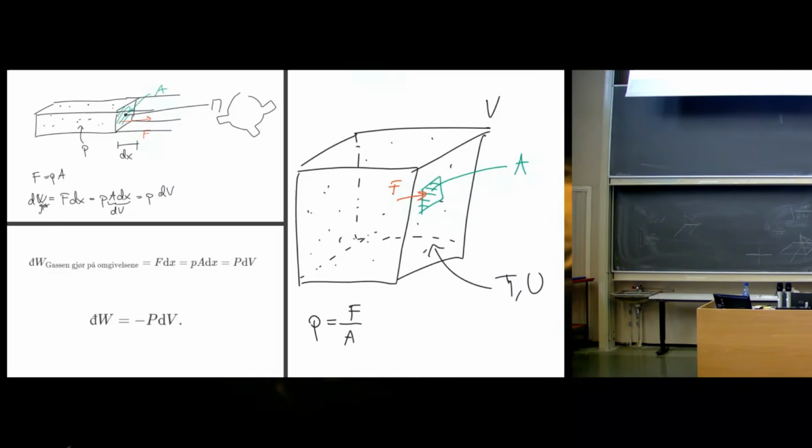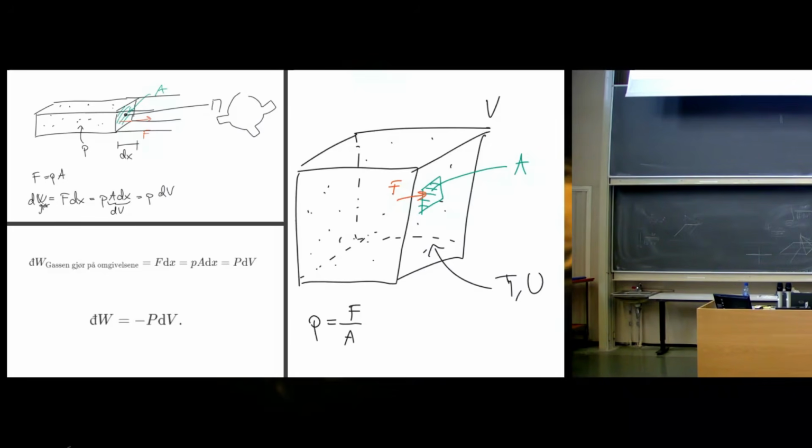And so when the gas is expanding by an amount dx, then the force pushing on this area here is PA times dx, right? But the area times dx is just the change in volume of the gas. So it's the same as dV, which means that the work that the gas is doing on the environment is equal to pressure times dV.